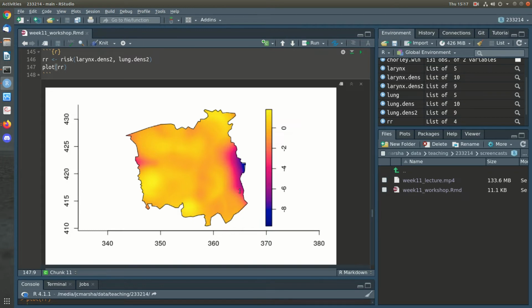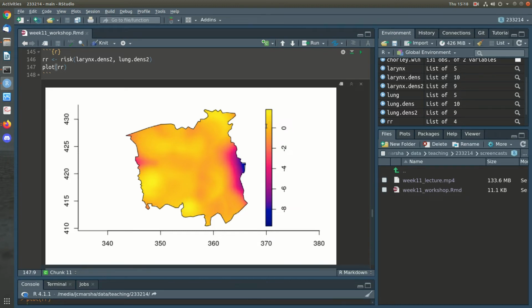In some areas it's lower than 1. Right, so we have these areas here of very low risk of larynx compared to lung. Another blob over here with low risk. And potentially we've got spaces of high risk. It's hard to tell. Maybe down here, maybe over here, maybe up here. It's hard to tell mostly because this colour scale really sucks, right?